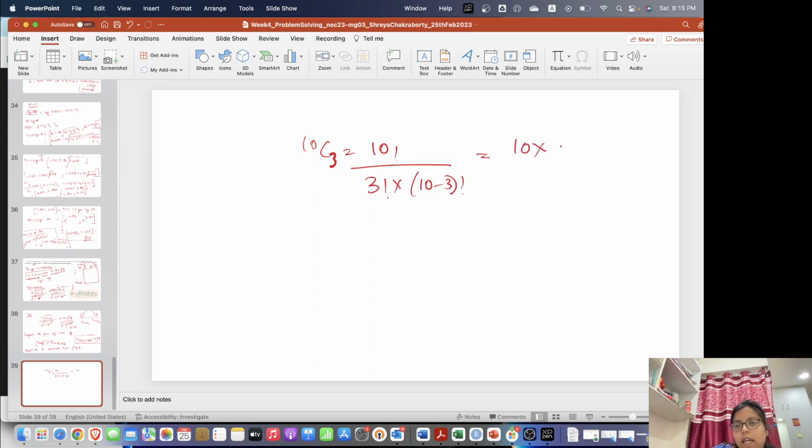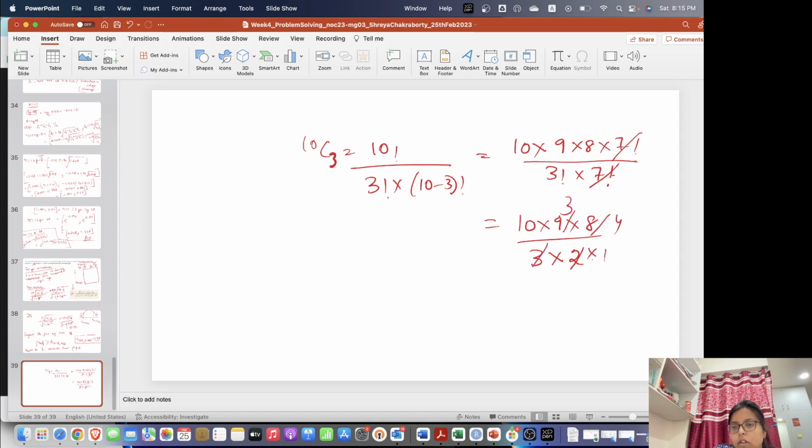So this will be 10 into 9 into 8 into 7 factorial by 3 factorial into 7 factorial. The 7 factorial gets cancelled. So this is 10 into 9 into 8 by 3 into 2 into 1. So this is 4, 3, then we have 120.